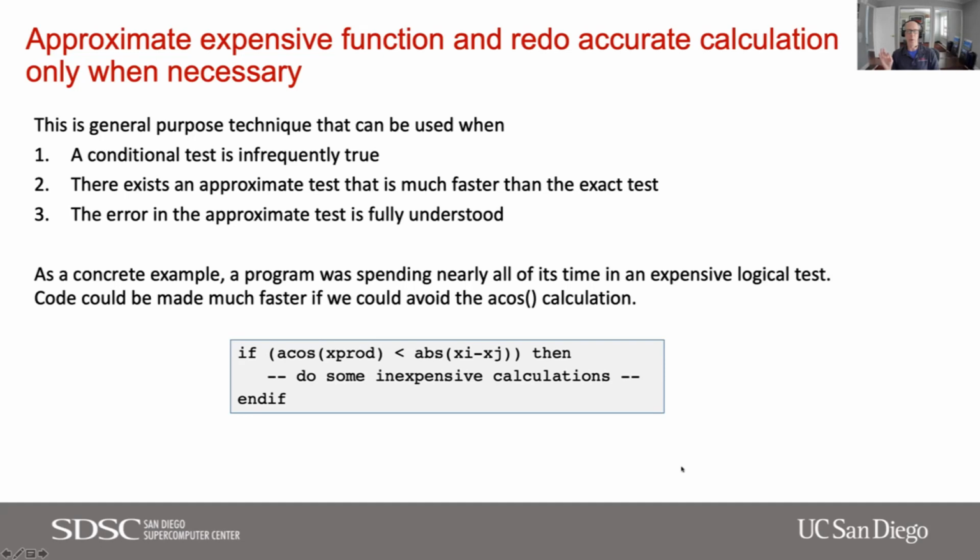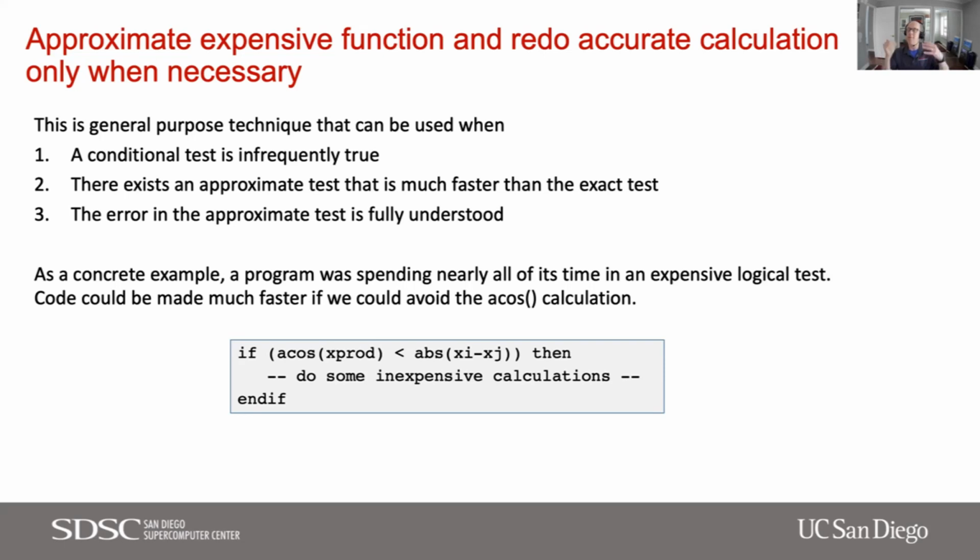You don't have to worry about what xprod and xi and xj are, but the key point is that we're comparing the arc cos of xprod to the absolute difference between xi and xj. And those arc cosine calculations are really, really expensive.